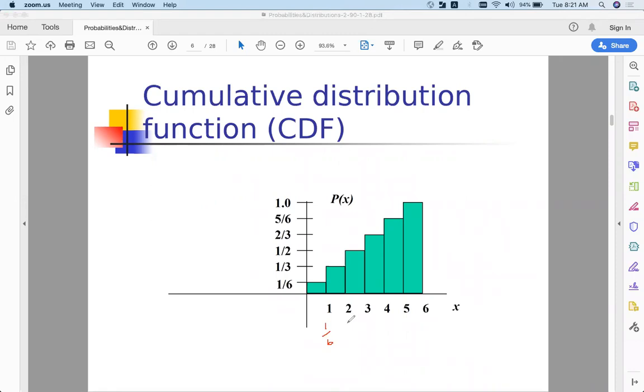The probability of 2 was also 1/6, but since this is cumulative, you add the results so far, so this becomes 2/6. This becomes 3/6. You keep adding to whatever the result already was: 4/6, 5/6 and 1. That also explains that the CDF will always end up at 1. This is one more concept. These will generally be used in theorems, but it's a good idea to know.